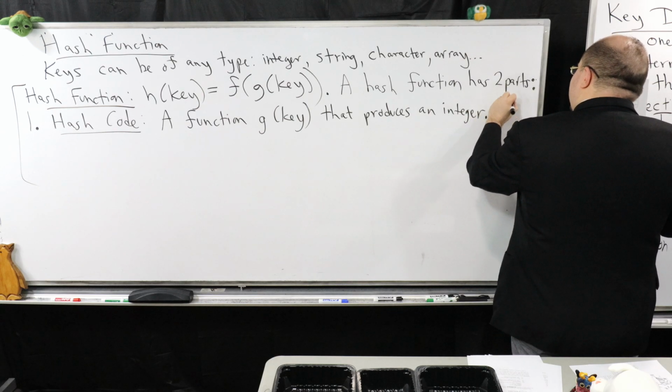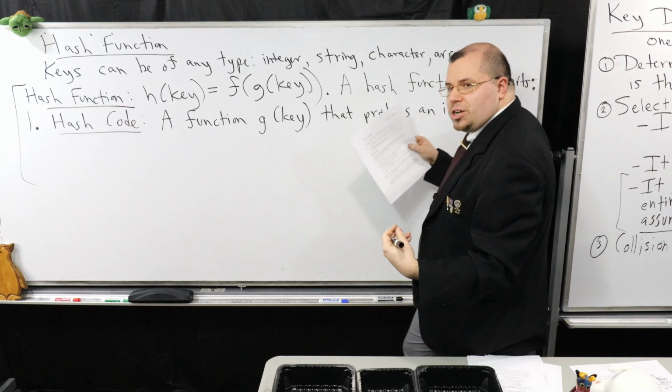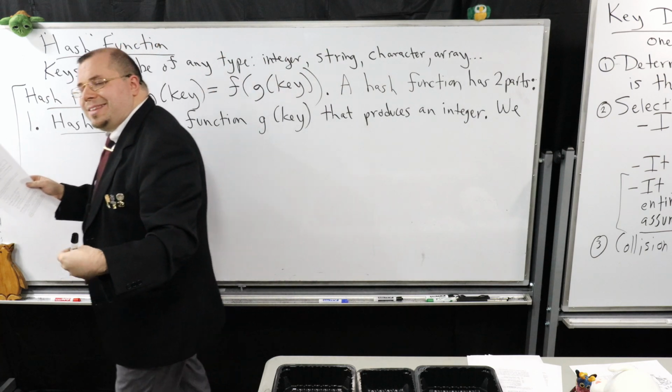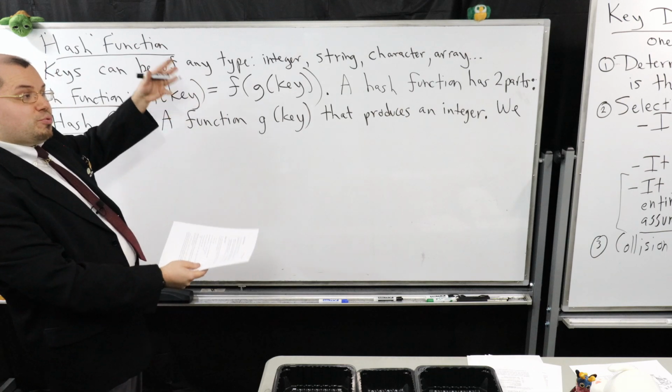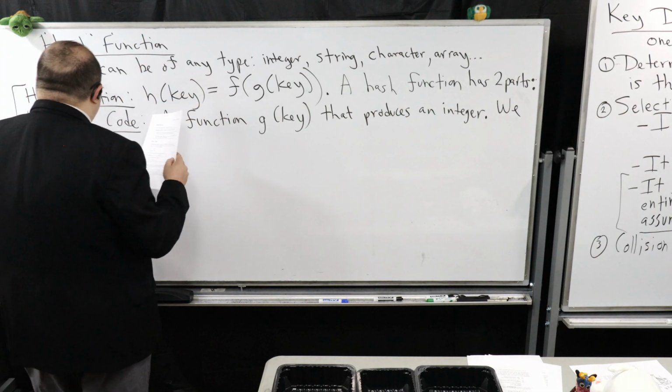To give you a little bit of intuition around the hash code, I would like to make it so that the outputs of this function can be as large as I can, to make sure that they spread across the table, as per my assumptions.